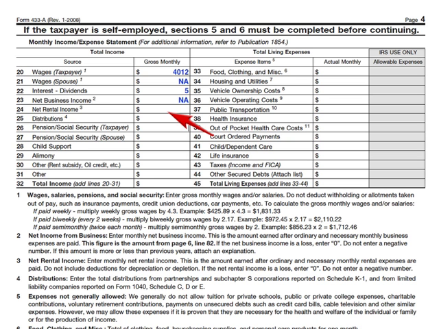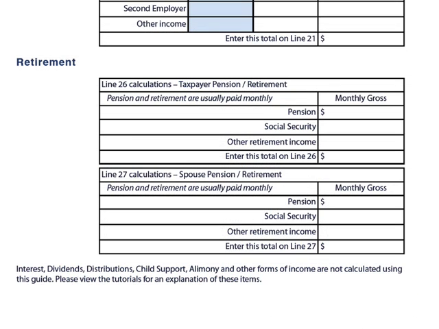If you're retired, I see there's a section down here, 26 and 27 is retirement, pension and Social Security for the taxpayer and the spouse. I notice there are no multipliers for pension and retirement, and there's a little line that says pension and retirement are usually paid monthly. That's correct.